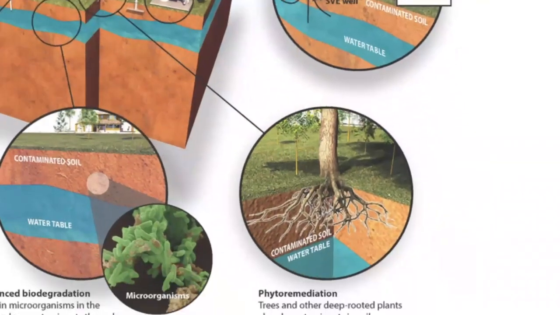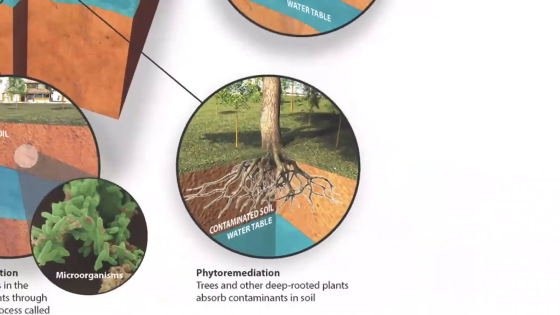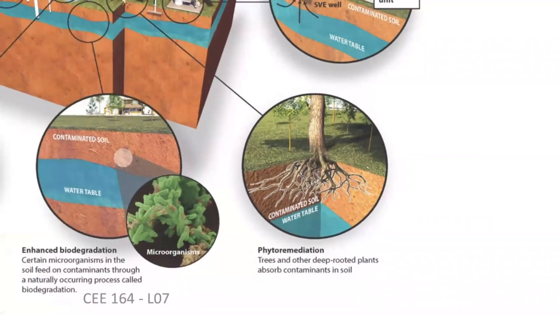Now let's look at this one. This phytoremediation, is it in situ or ex situ? Right. So many of you wrote in situ, which is true. If you look at both phytoremediation and bioremediation, both are in situ because you are neither taking the soil out nor taking contaminated groundwater outside the system.